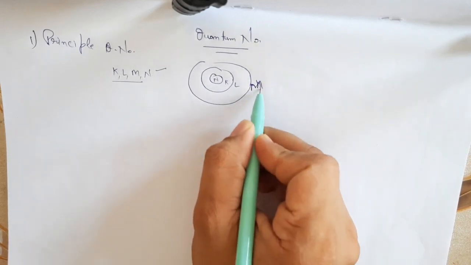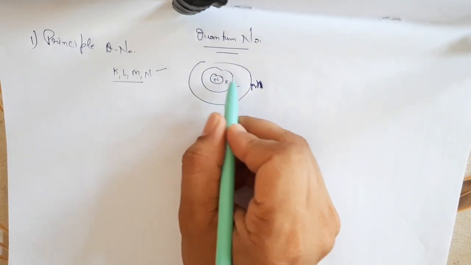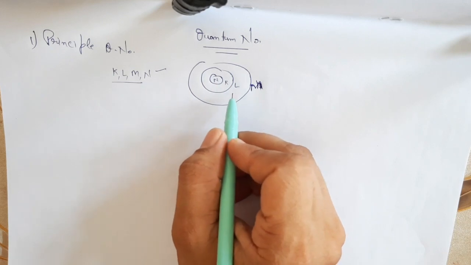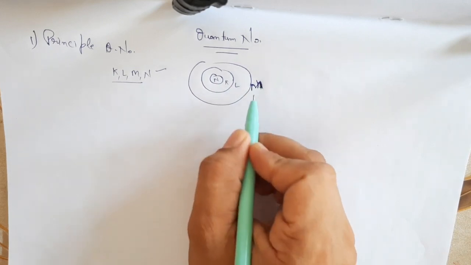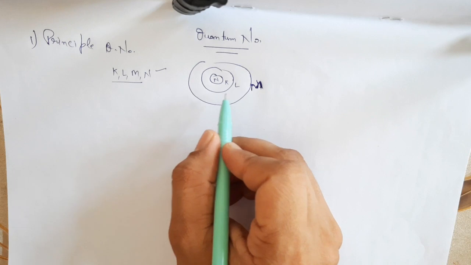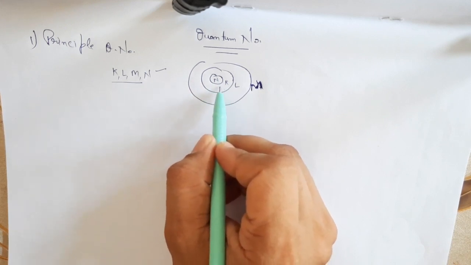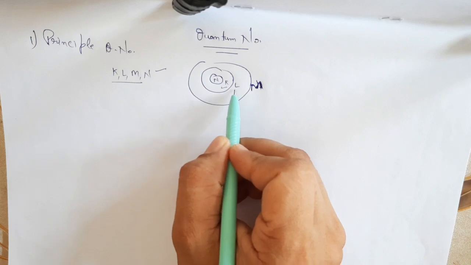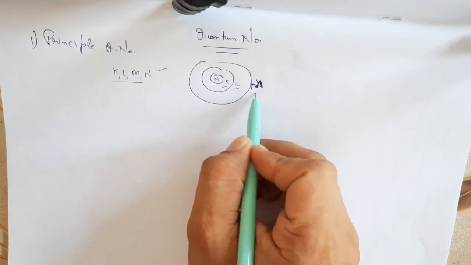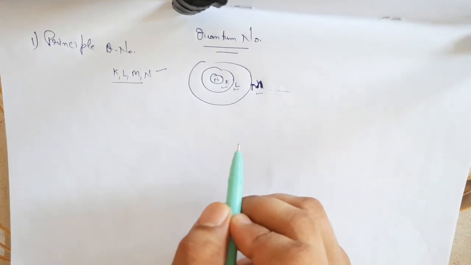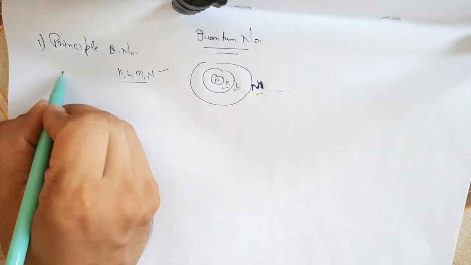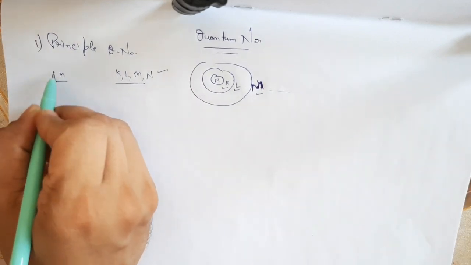We have a nucleus and various shells lie around the nucleus, in which electrons revolve. The nearest shell to the nucleus is known as the K shell, then the next shell is known as L, then M, and so on. The principal quantum number is represented by n.